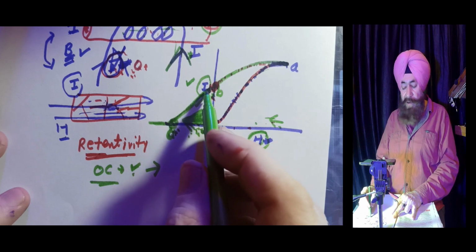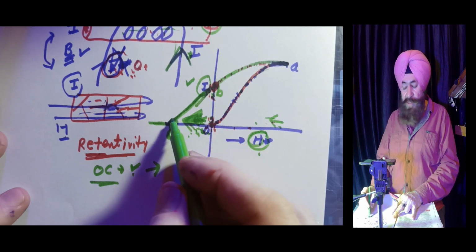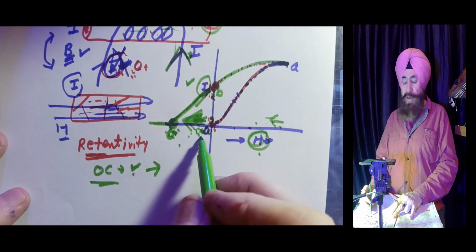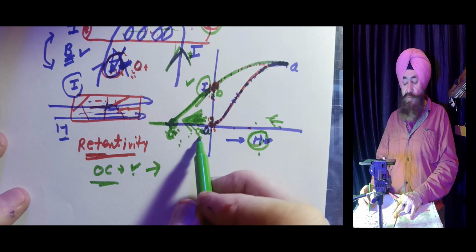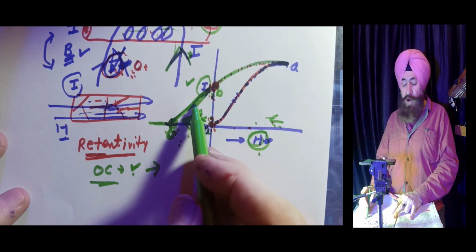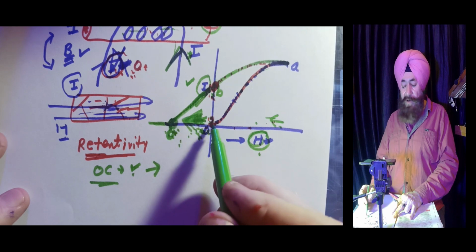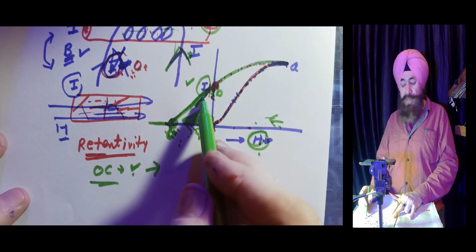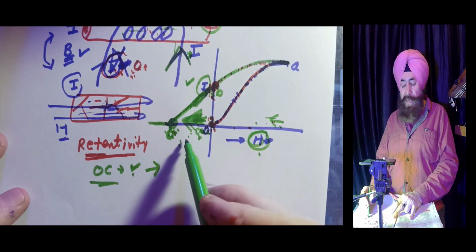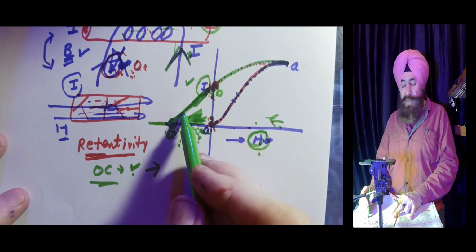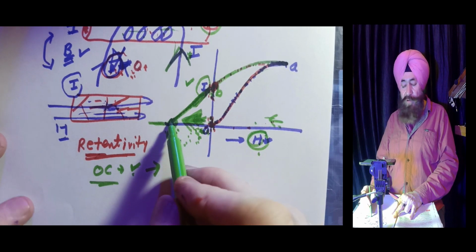So OC is the reverse magnetizing force and it drops the retentivity. What was the retentivity? O to B. This was the retentivity. This negative value of H drops the retentivity to 0.